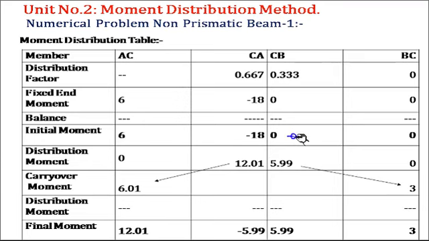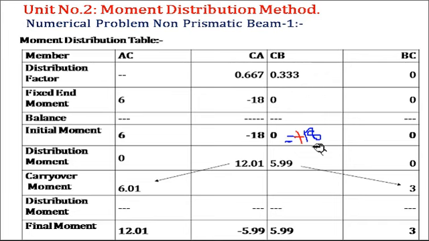So the addition is equal to minus 18. As this addition is equal to minus 18, the correcting moment will be plus 18. And this correcting moment plus 18 is to be distributed in member CA and CB in proportion of the distribution factor.